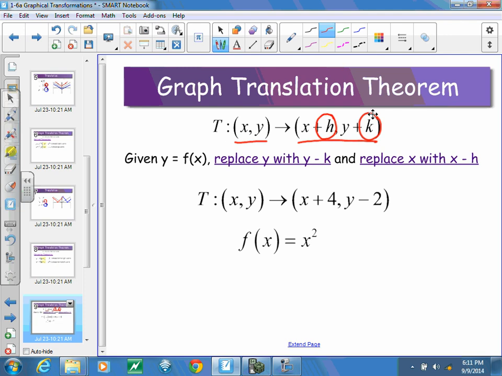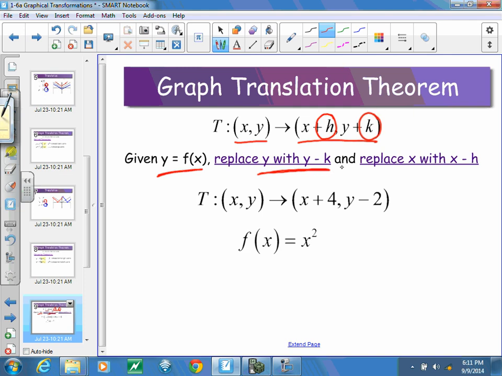Well, the graph translation theorem says that if you're given a function, here's how to make your equation do what you want it to do. So based off of where you want to go, we replace the value of y with y minus k, and x with x minus h.